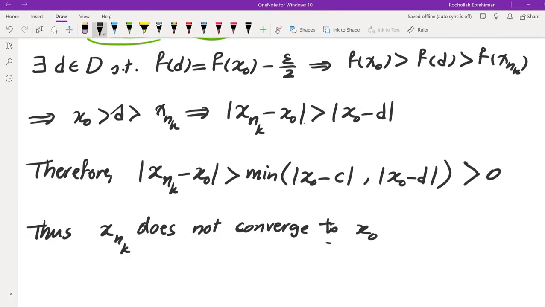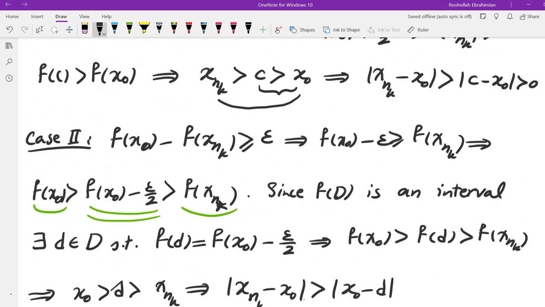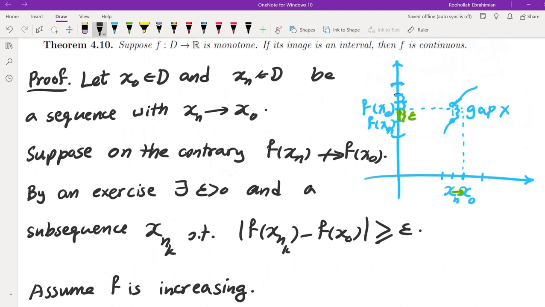And this is a contradiction, because x_n converges to x0. And this contradiction shows that f(x_n) must converge to f(x0).